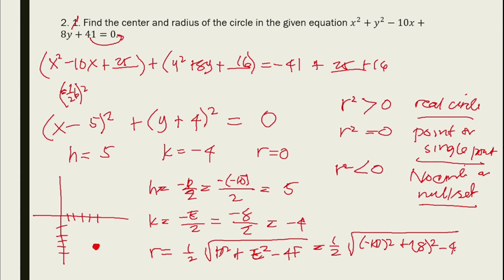Using the calculator, the result is r equal to 0, which is the point circle. So take note of the 3 categories of a circle.